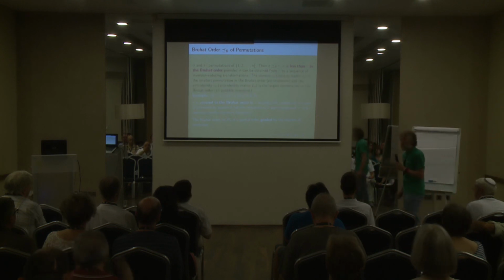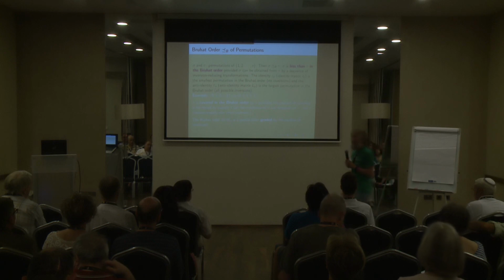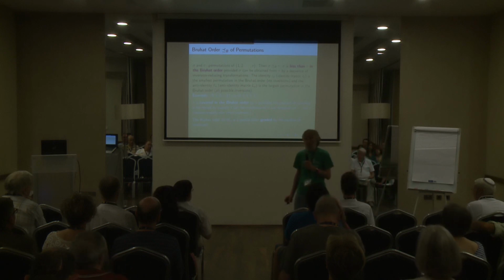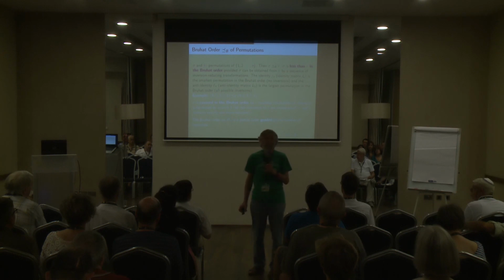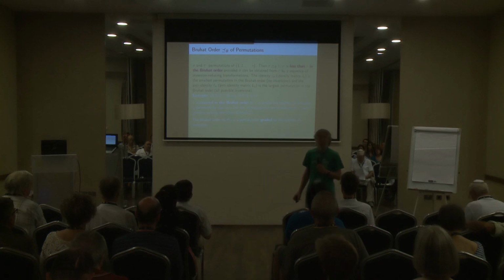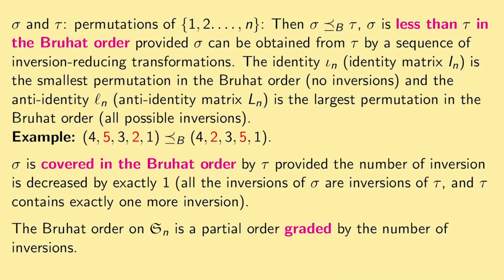So in this partial order, the identity matrix is clearly the smallest permutation because it has no inversions whatsoever. And the anti-identity, n, n-1, n-2, all the way down to 1, is the maximum in this partial order because it has all possible n choose 2 inversions there, all right?